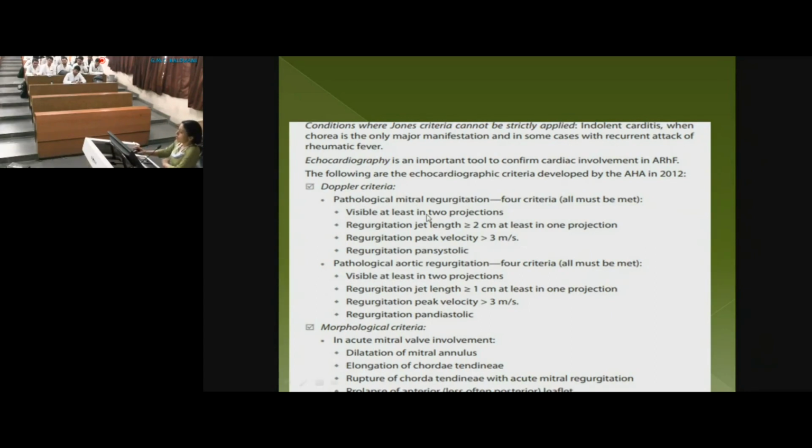So these are the echocardiographic findings, certain Doppler criteria and certain morphological criteria, which are now taken even if the child has no features.